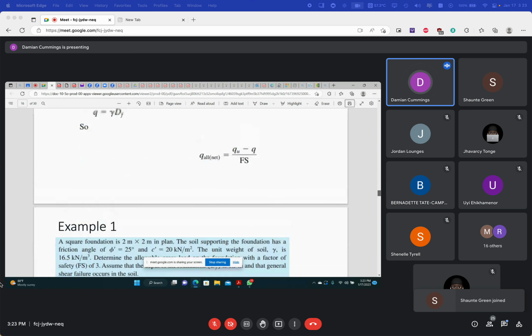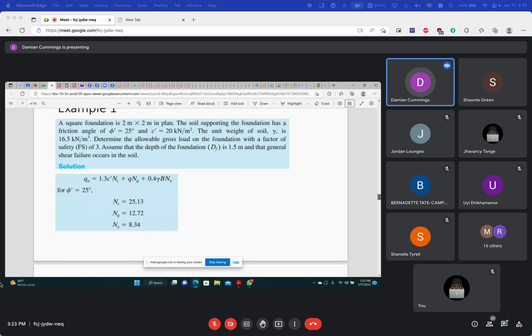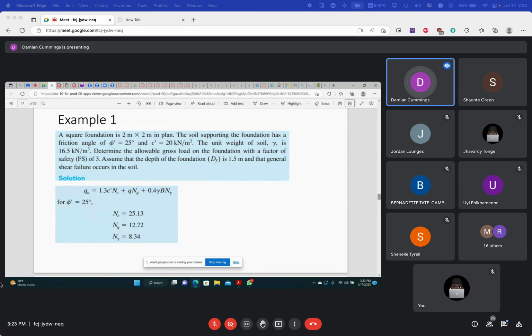That's our allowable bearing capacity, right? So although we know the soil is able to carry 90 kilonewtons per meter squared, we might use a factor of safety of, say, 3, and from that we know that we are able to carry 30. We are going to design for no more than 30 kilonewtons per meter squared for our soil.